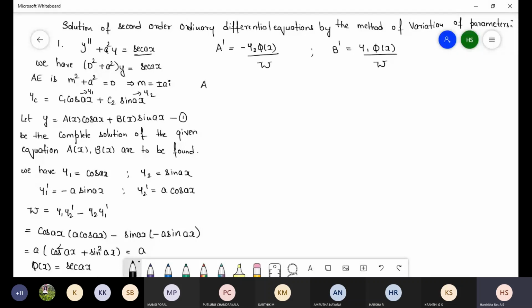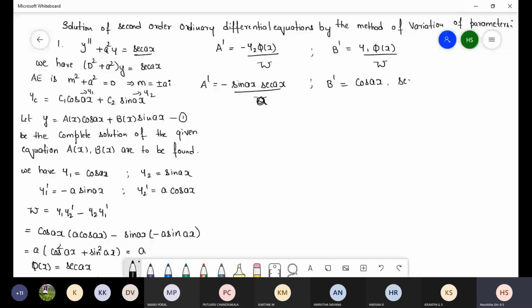Now A dash is equal to minus y2, which is sin ax, phi of x is secant ax, divided by W. Sorry, W we have the value A. Next, B dash is equal to y1, which is cos ax, phi of x is secant ax. In the place of W, I will write A. Now, 1 by A I will write outside.